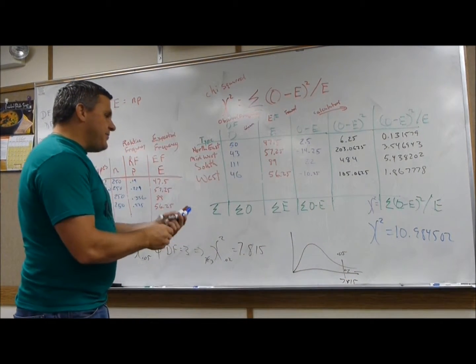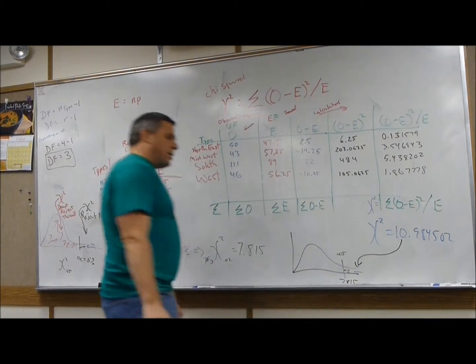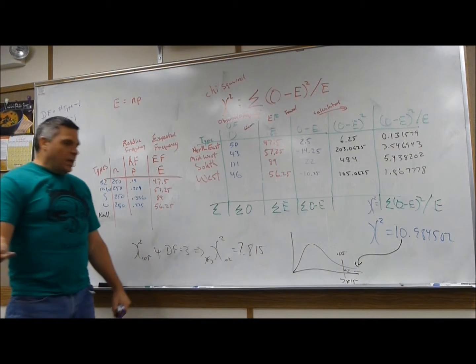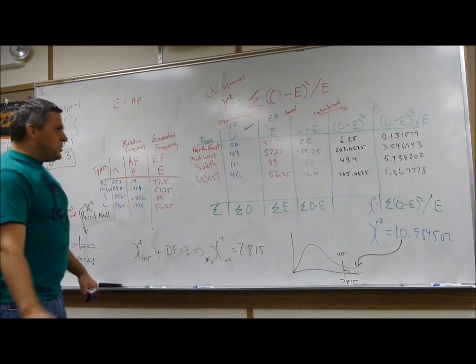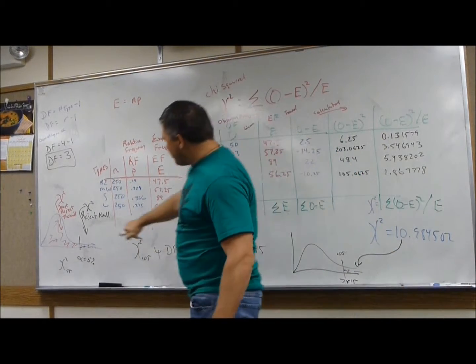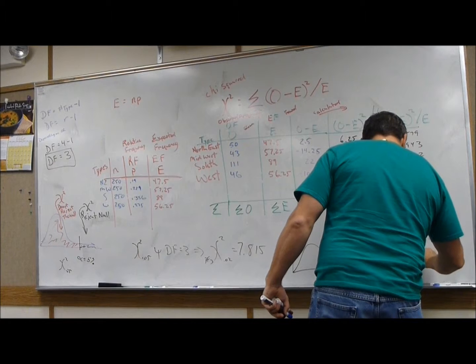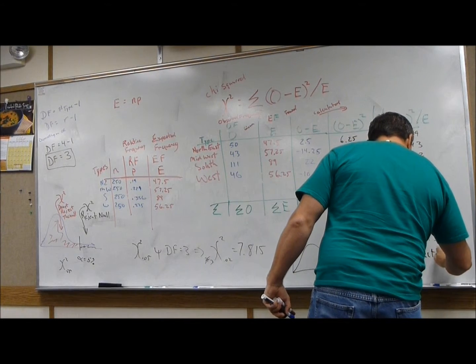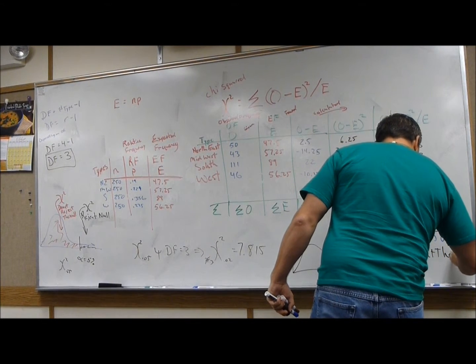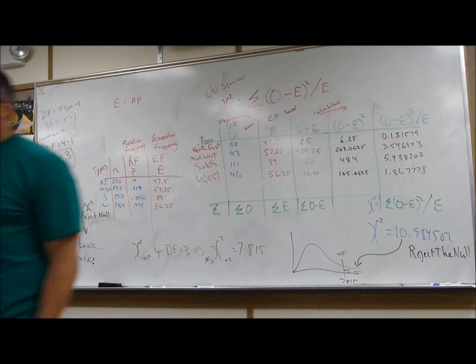My value of chi-square is 10.98, so it's out here past the 7.815, which tells me that I reject the null. Ta-da!